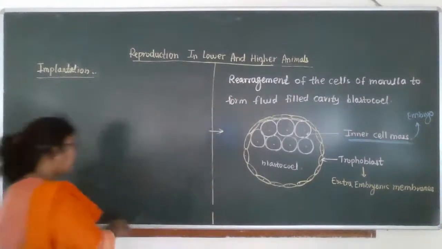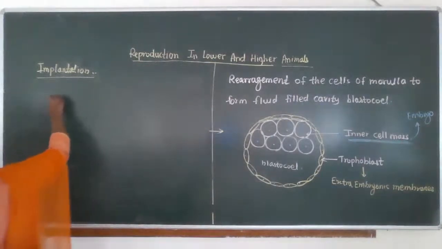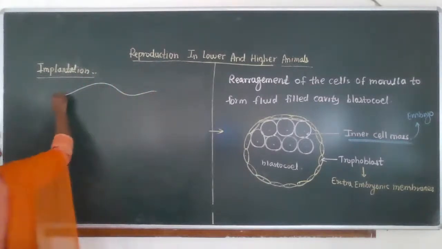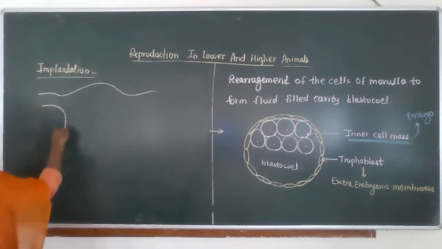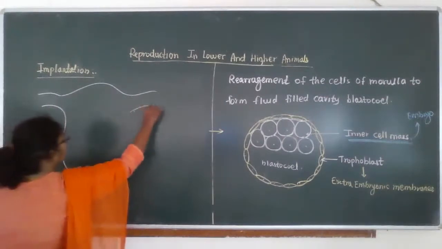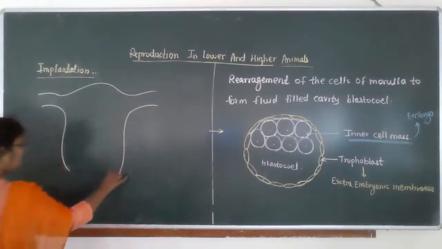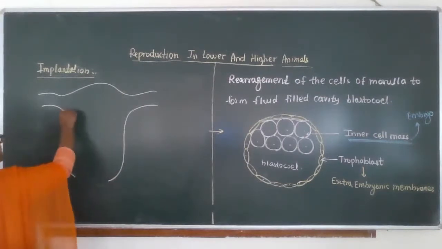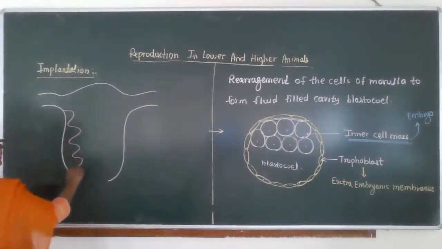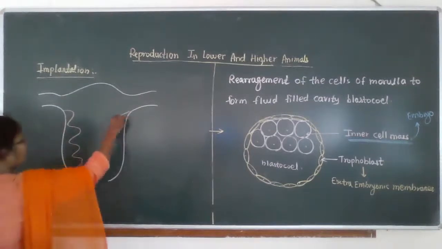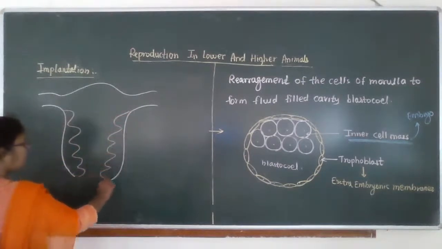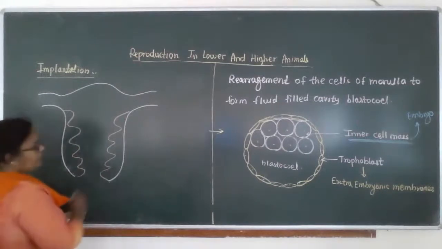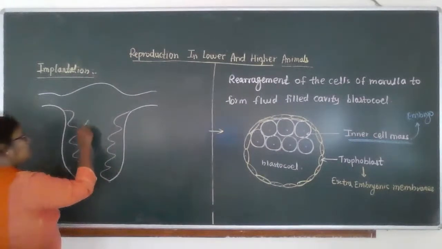You know the diagram, so I'm just drawing the uterus. So this is the uterus, having on its inner side the endometrium. Now this blastula.